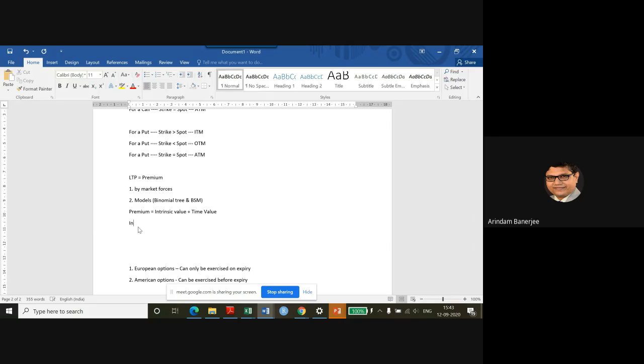Now, intrinsic value is the difference between strike and spot.